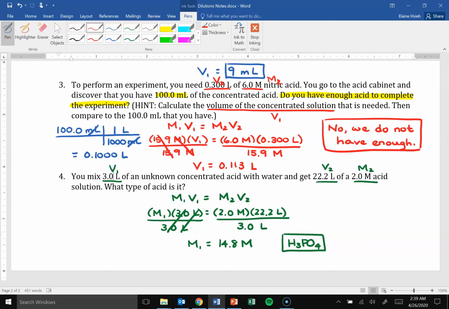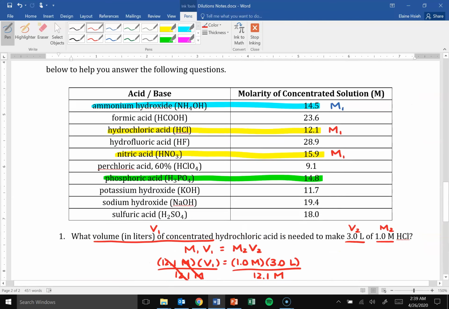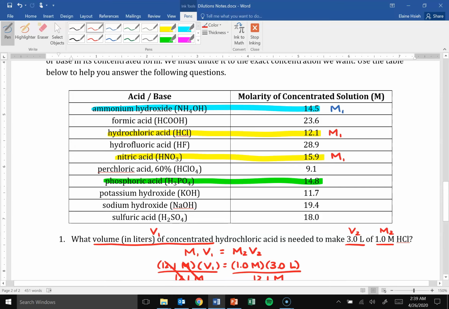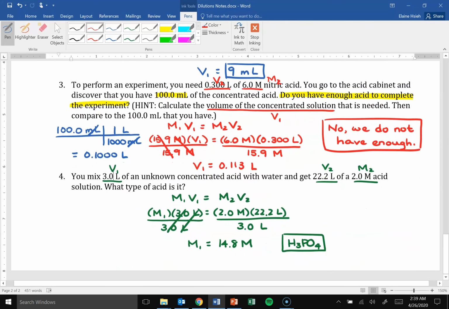So obviously we're not really looking for M1, but M1 is going to help us figure out what type of acid it is, because M1 is the original concentration of this mysterious acid. So when we plug in our numbers and solve for M1, we get 14.8 molar. If we go back to the chart, the acid that has 14.8 molar for its concentration is phosphoric acid, H3PO4. So the type of acid this is is H3PO4.